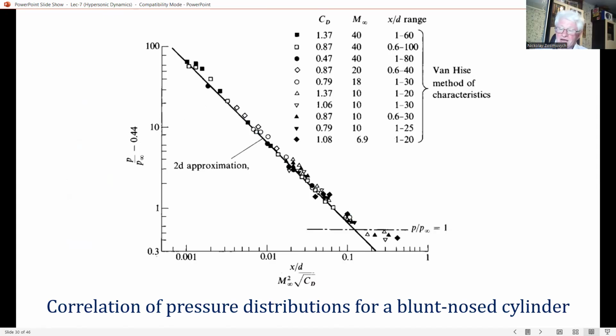So we have all of these theoretical lines versus the blast analogy parameters X/D, M infinity, and CD.